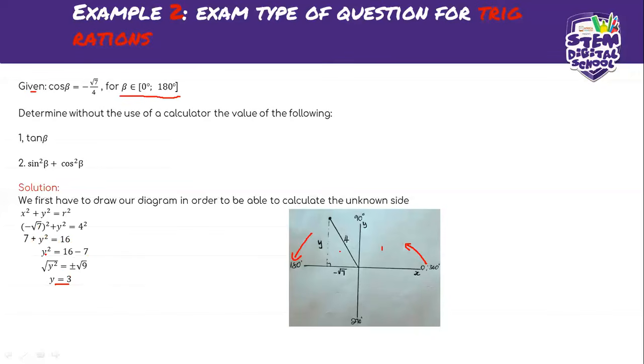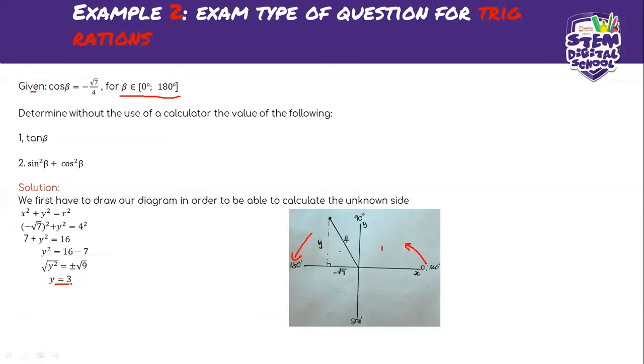Then we have y squared equals 16 minus 7, right? And remember, we need y, not y squared. So we have to get rid of this exponent 2. So take the square root of both sides. Don't forget to write plus or minus, right? Plus or minus. But our answer for y is positive 3.